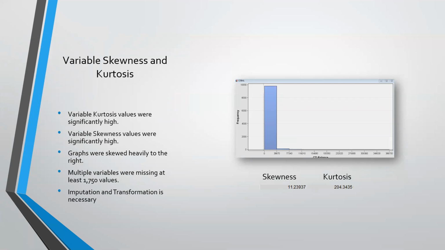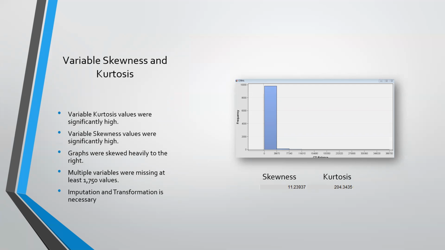Variable skewness and kurtosis. This is where we determined if a transformation process was needed for our given variables. Each of the variables, through exploration, ended up containing a significantly high kurtosis and skewness. The variable graphs were also heavily skewed to the right.